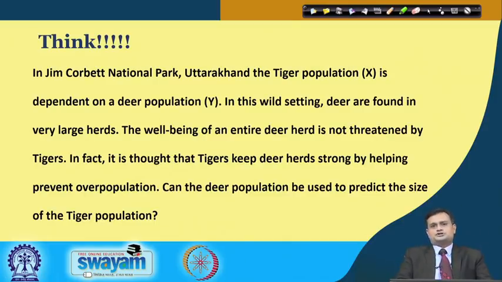Now I want to put forward a situation. Let us say in India, in Jim Corbett National Park, Uttarakhand, the tiger population X is dependent on the deer population Y. In this wild setting, deer are found in very large herds, and the well-being of an entire deer herd is not threatened by tigers.